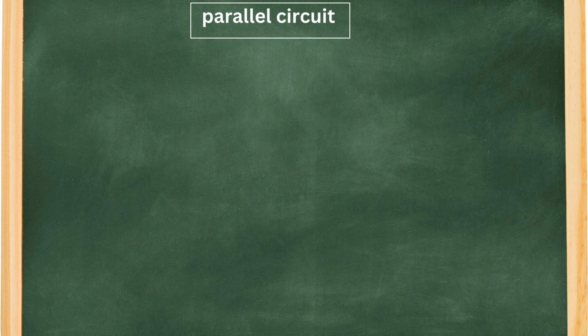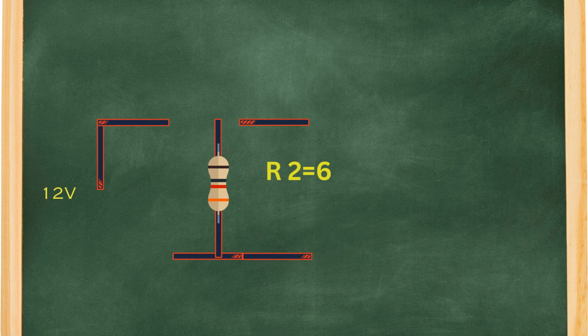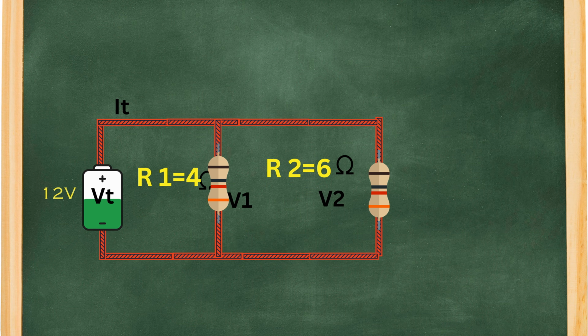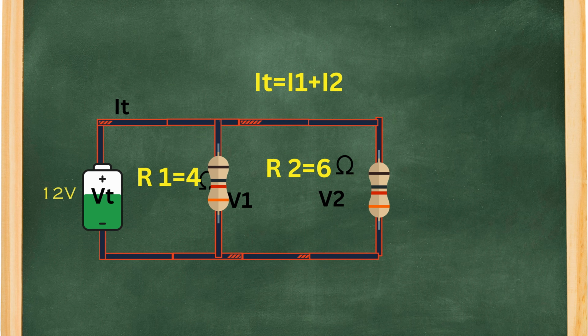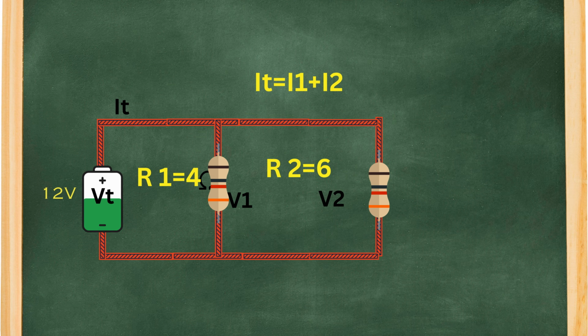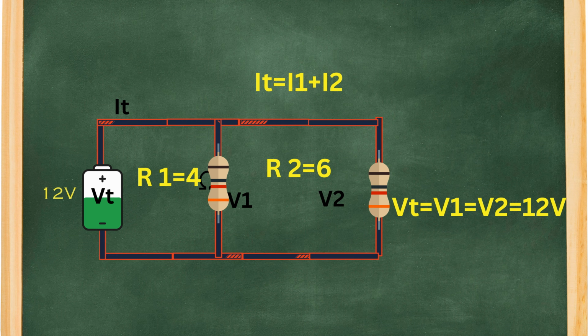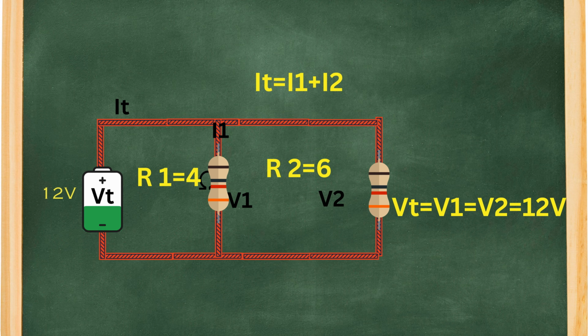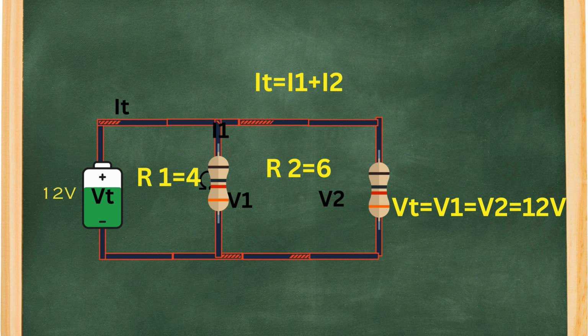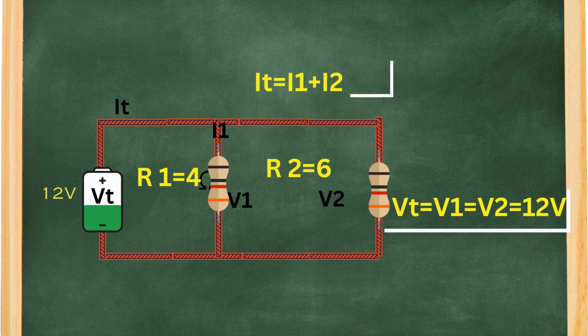Next, let's explore parallel circuits. In a parallel circuit, components are connected across common points, providing multiple paths for current to flow. In this parallel circuit, the voltage across each resistor is the same. V total equals V1 equals V2. The total current I total is the sum of the currents through each resistor.